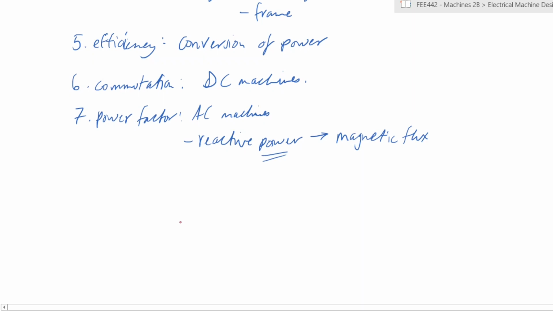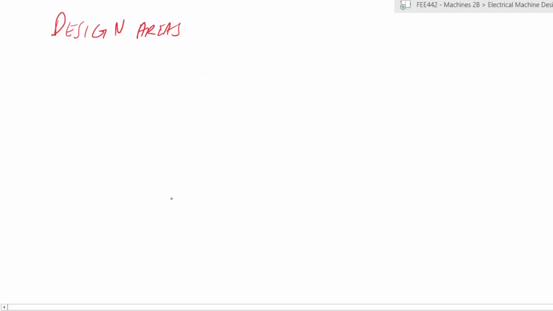So now let's look at what are the actual design areas that we need to design for when we are dealing with electrical machines.